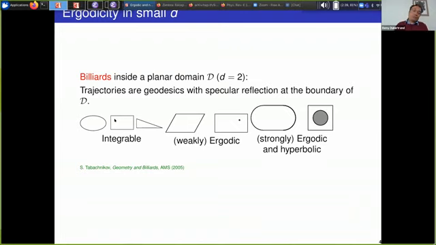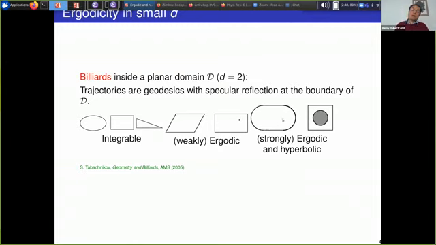Just to give you a small summary, you have on the one hand the integrable shapes, so the ellipse, rectangle, and a few triangles. And then on the other end of the hierarchy, you have ergodic or even hyperbolic billiards.